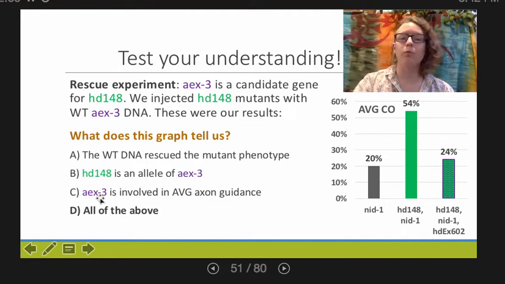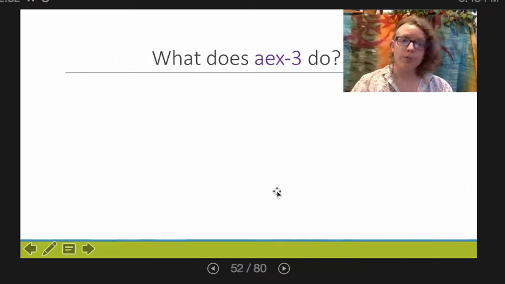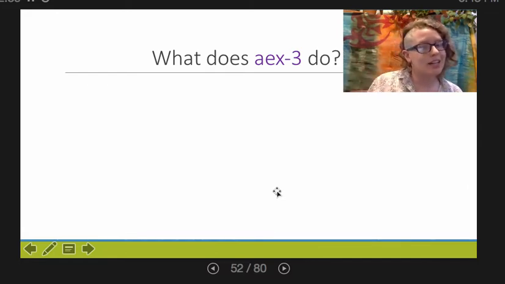So, how did we test if AEX3 is involved in AVG axon guidance? Well, we successfully showed that HD148 is an allele of AEX3. So that means that this is an AEX3 mutant right here. We saw it. Here's an AEX3 mutant. It's clearly defective in its AVG axon guidance. So, what does AEX3 do? Full disclaimer, I did not do this experiment.